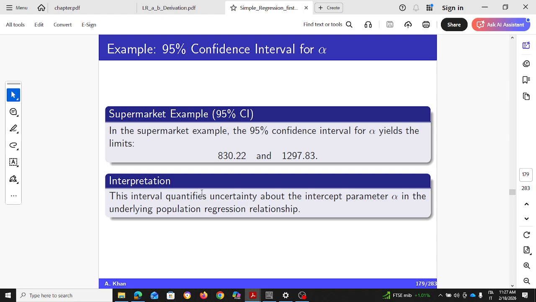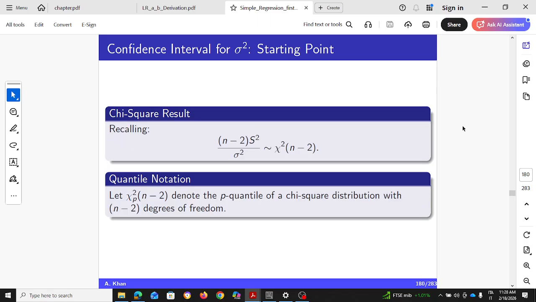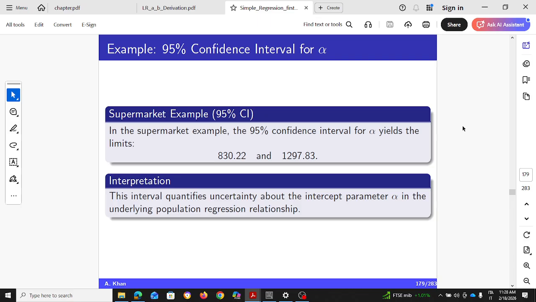This interval quantifies the uncertainty of our intercept; it can take values from here to here. Again, this confidence interval is very wide because we have less data. The more data we have, the smaller it gets. Yeah, it shrinks.